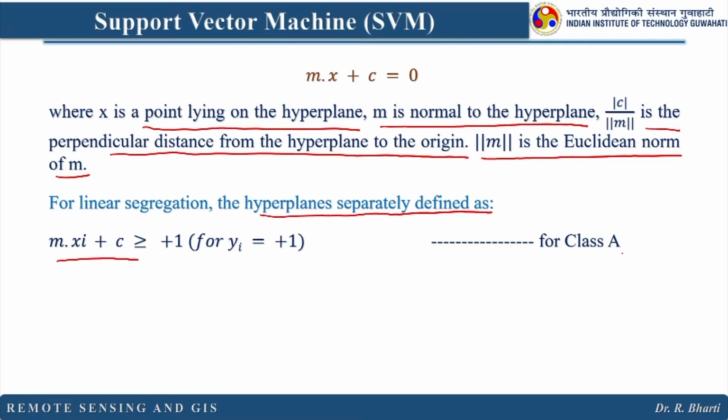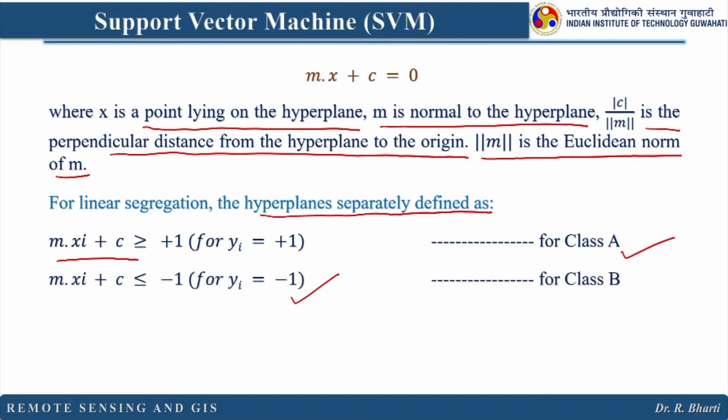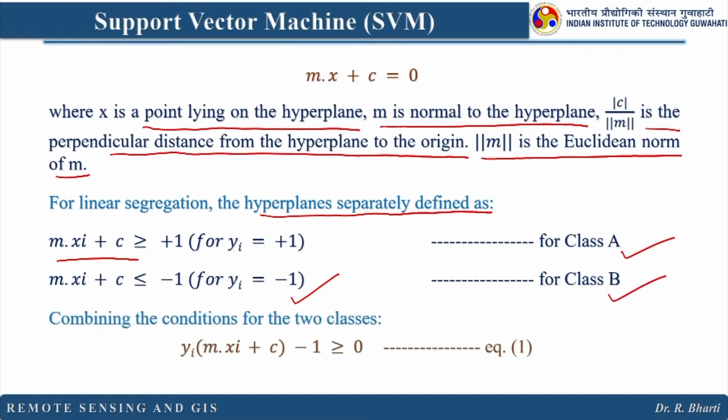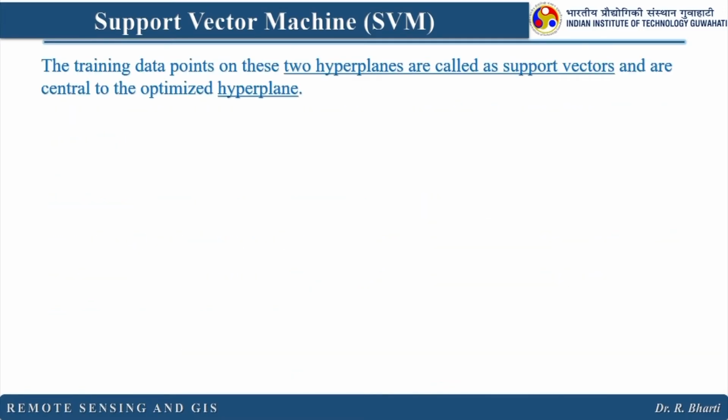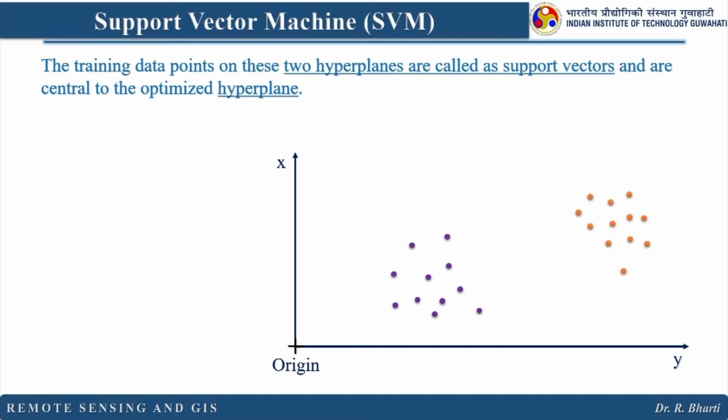This is the class A. In the next class, we have -1, that is the class B. Combining these two equations, we have arrived at this particular equation. The training data points on these two hyperplanes are called support vectors, and the central line is what we call the hyperplane.